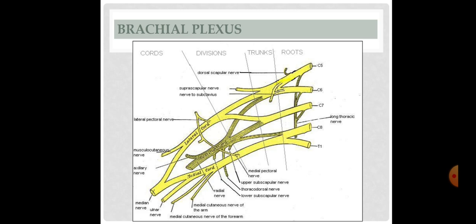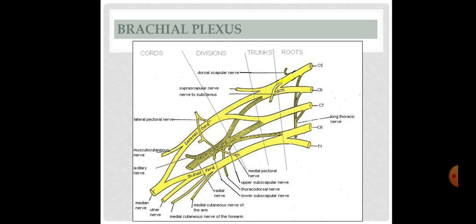Besides, there are another three nerves that originate from the medial cord: the medial cutaneous nerve of the arm, the medial cutaneous nerve of the forearm, and the ulnar nerve. The last one is the ulnar nerve. So these are the nerves originating from the medial cord.